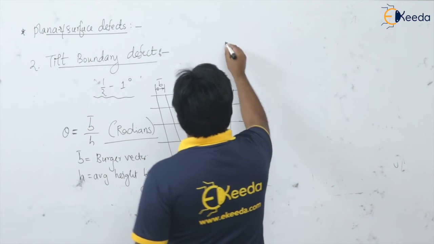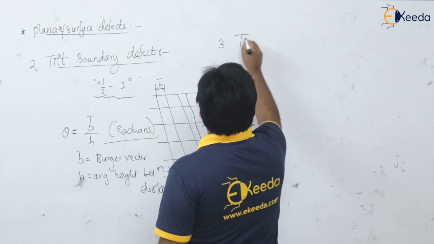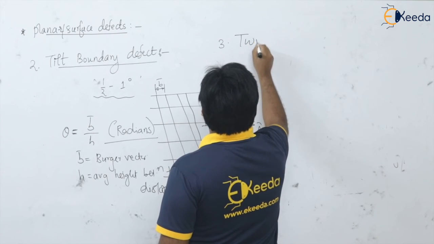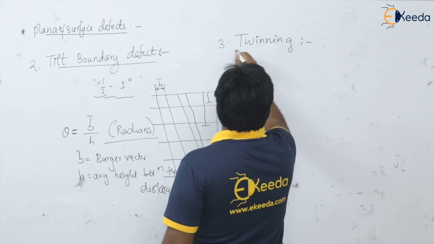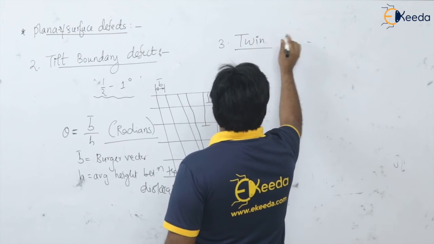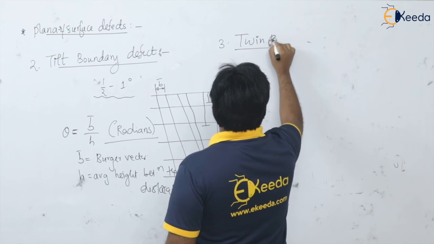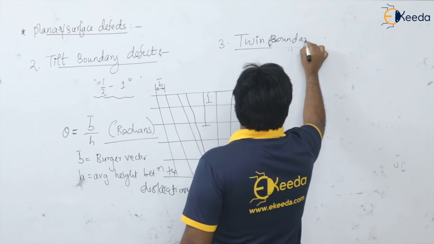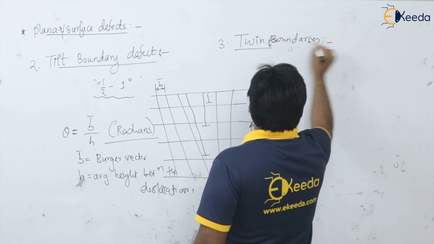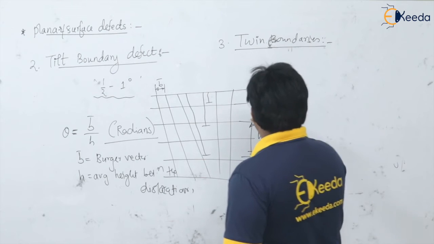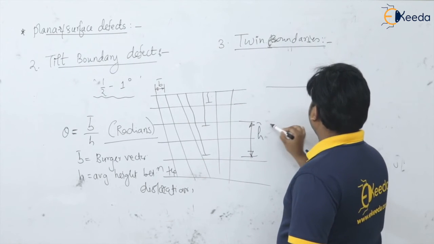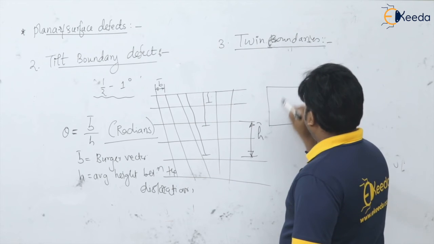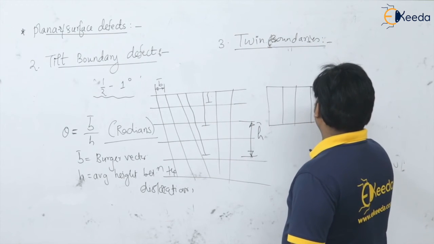Next defect we are having is twinning, or twin boundaries. You can write the twin boundaries. So see here, whenever the truly crystalline material is subjected to shear force, what is going to happen? See, this is truly crystalline material.